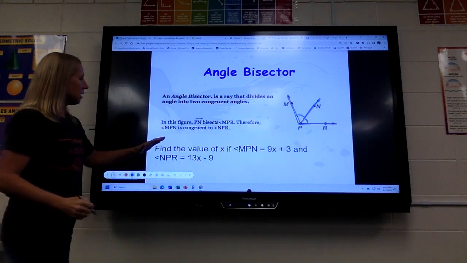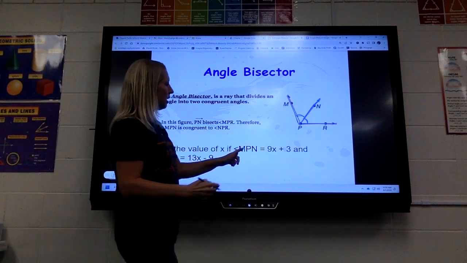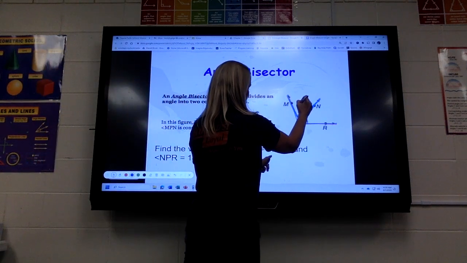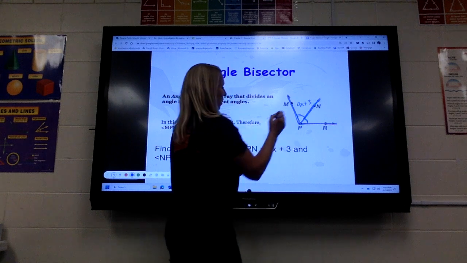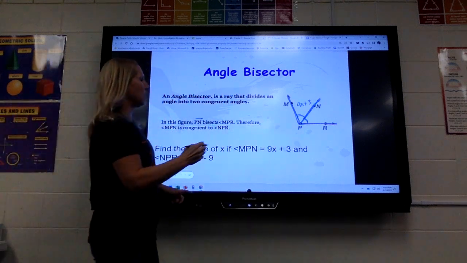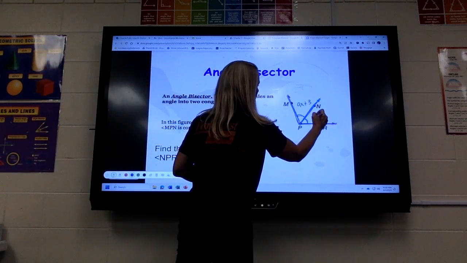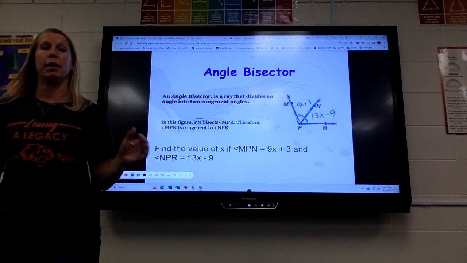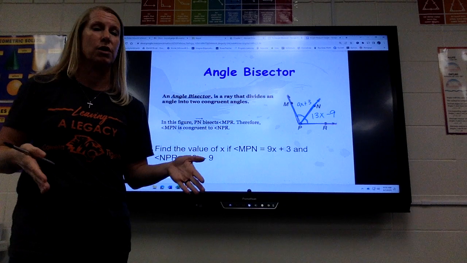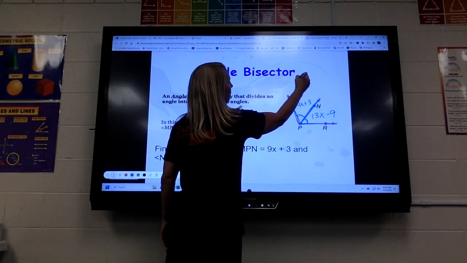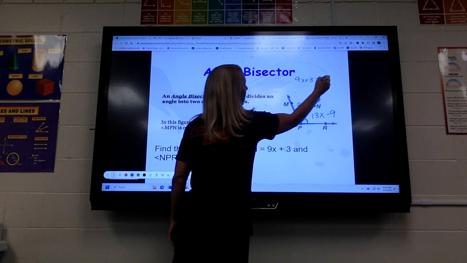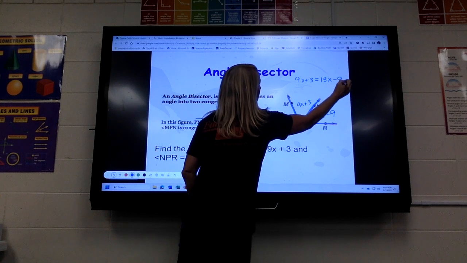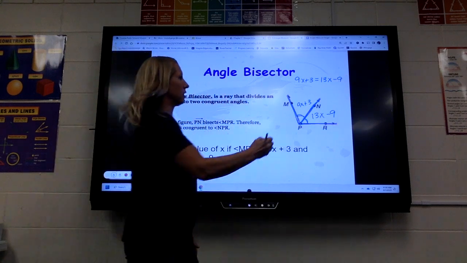So this says find the value of x if MPN is 9x plus 3, and NPR is 13x minus 9. So since we have a bisector, those angles have to equal each other. So I would do 9x plus 3 equals 13x minus 9, and then solve it.